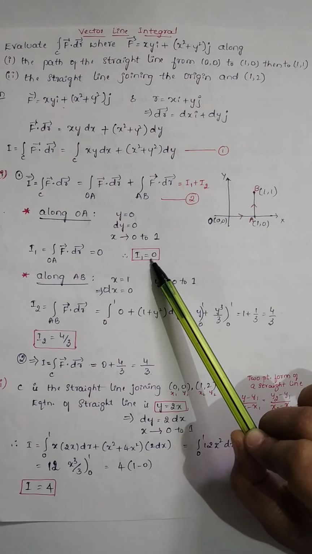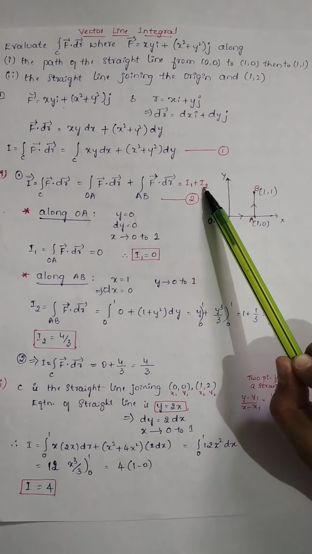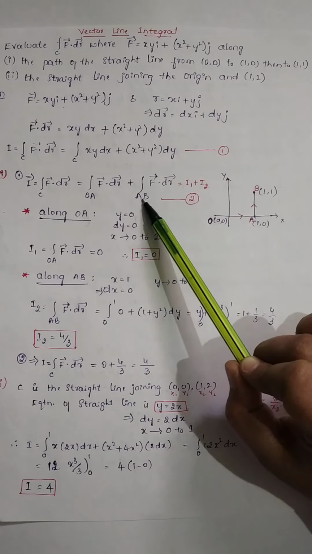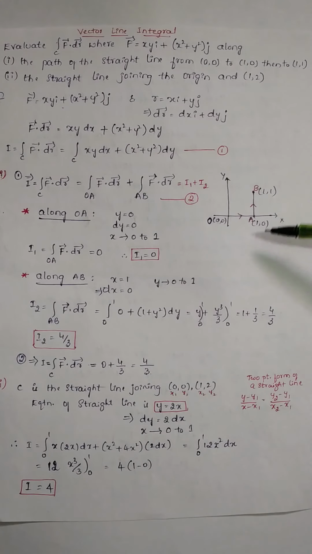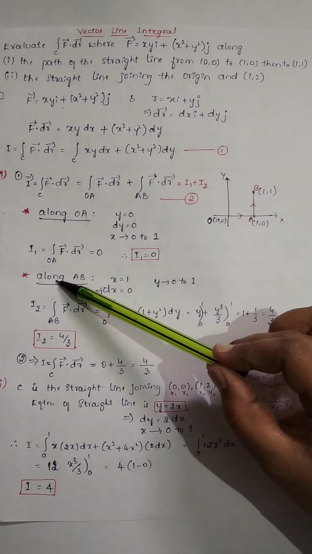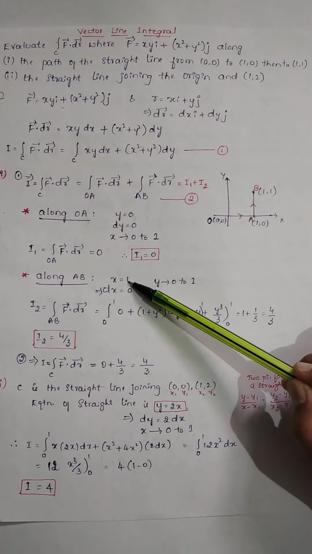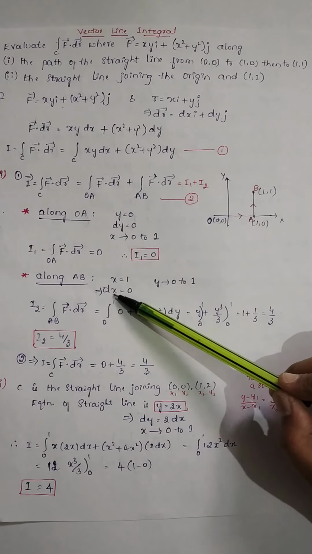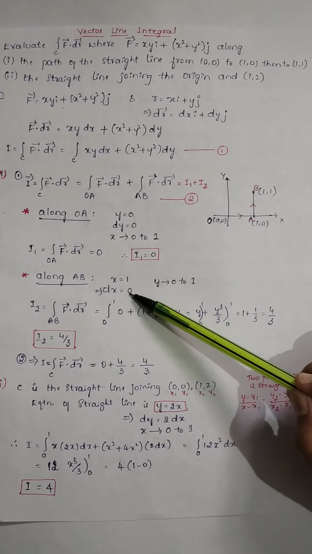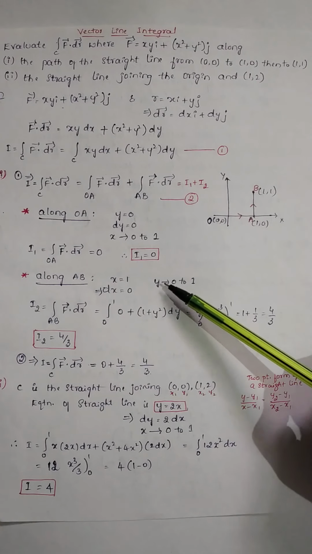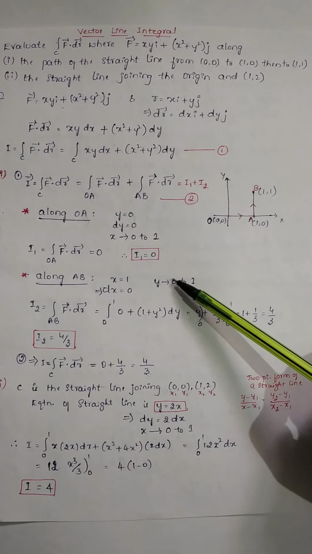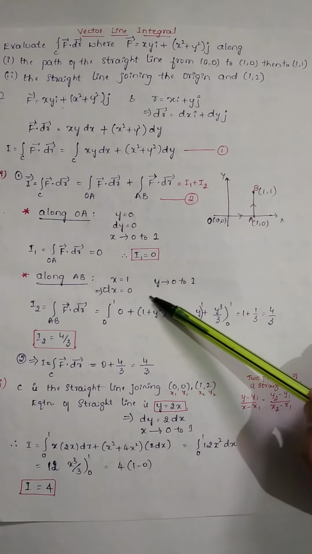After finding I1, move to I2. I2 is along AB. Along AB, you can easily observe x is equal to 1 is fixed, and y is varying from 0 to 1. So write along AB x is equal to 1 and find dx. dx is equal to the differentiation of a constant, 0. Then write the variation of the other variable, that is y varies from 0 to 1. Now use this in I2.